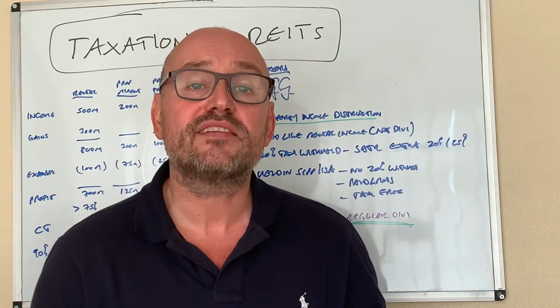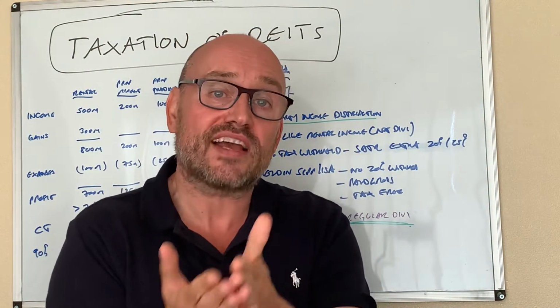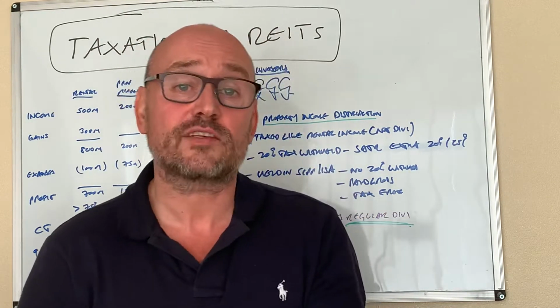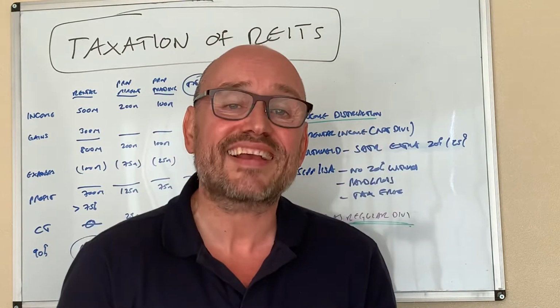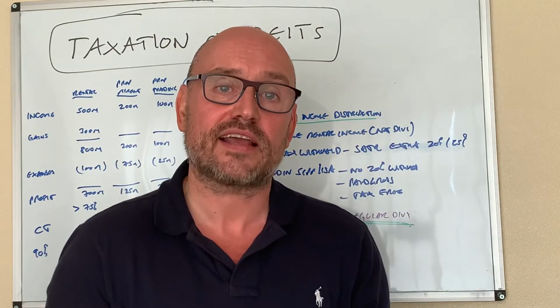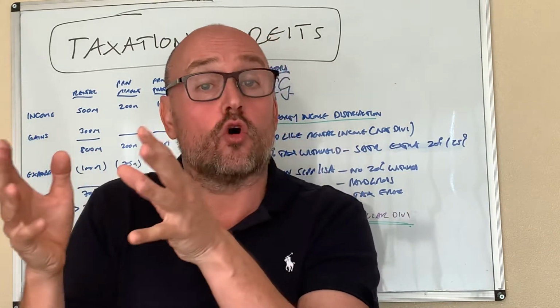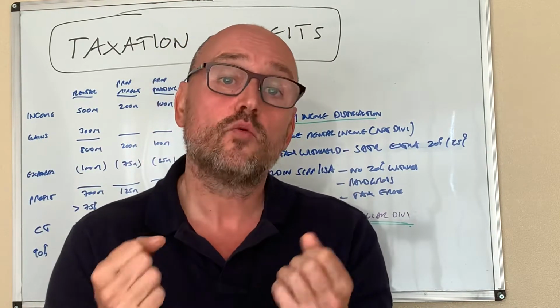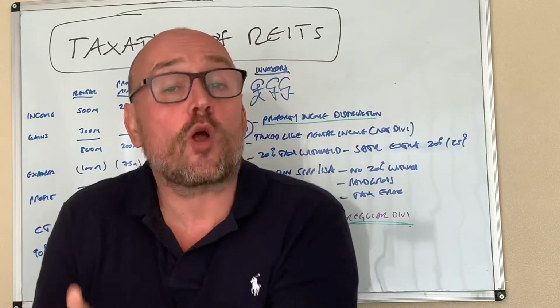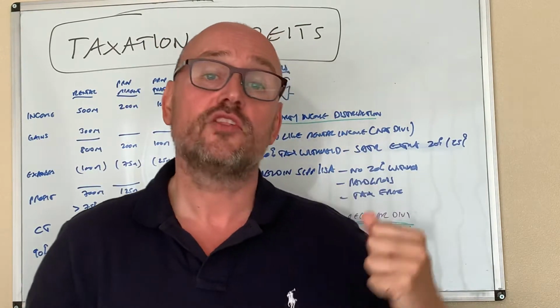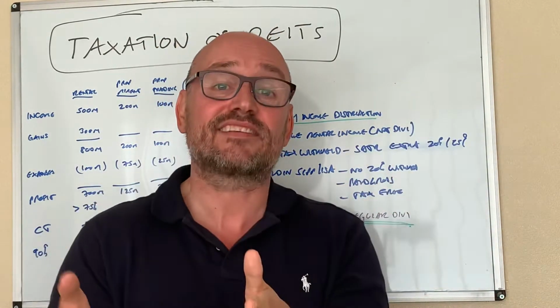If you're a higher rate taxpayer, you pay tax at 40%, or an additional rate taxpayer, you're going to pay tax at 45%. So it's not taxed like a dividend would be taxed. It's taxed at your marginal rate, whatever that is. The property income distribution, the PID that you receive from the REIT, is taxed at that rate.